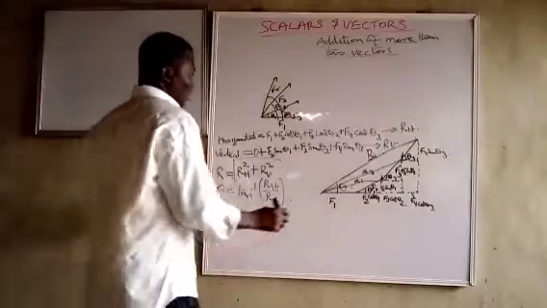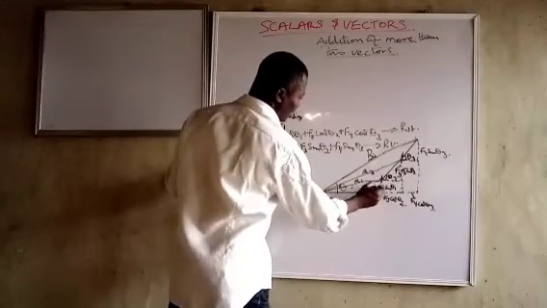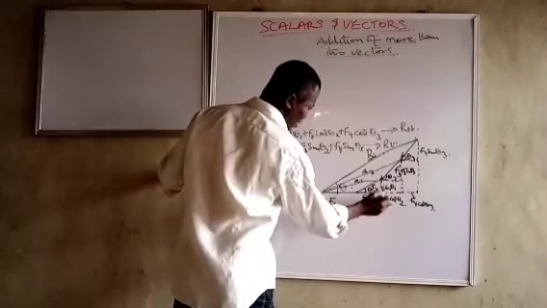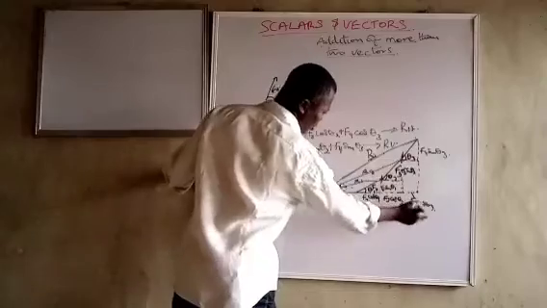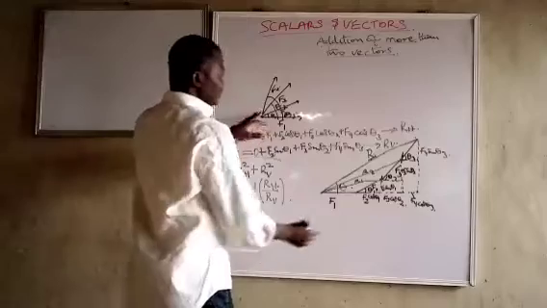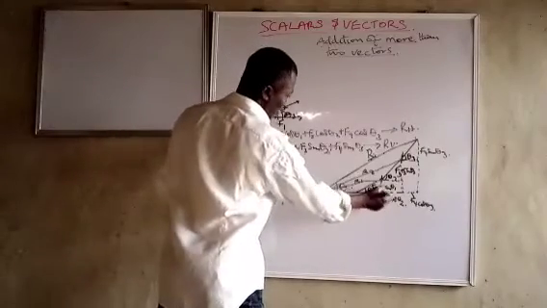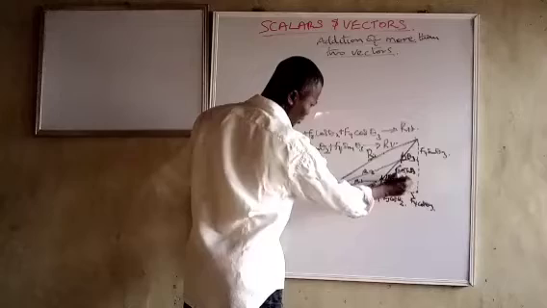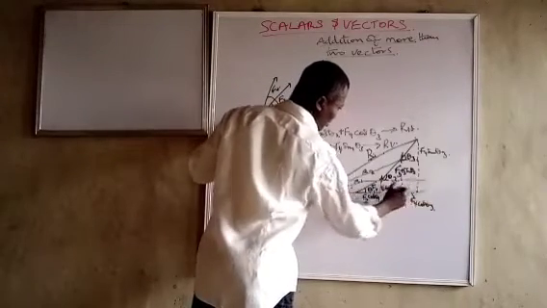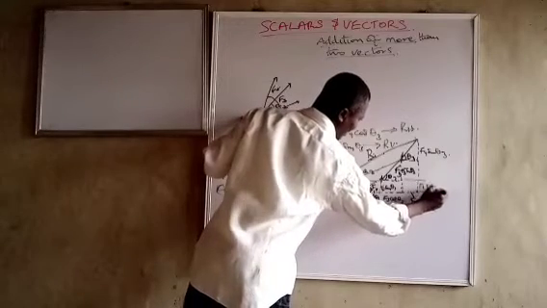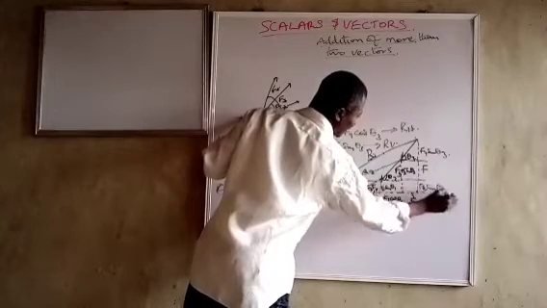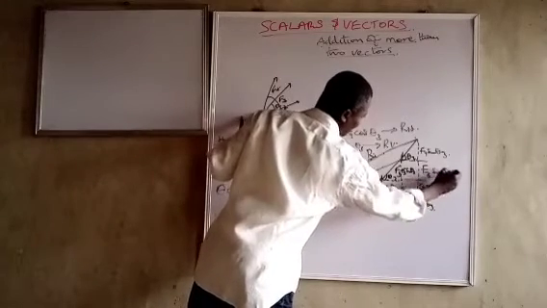Now, the components of this: F1, F2 cos theta 1, F3 cos theta 2, F4 cos theta 3, I look using these angles here. And then, in the vertical direction, F2 sin theta 1, F3 sin theta 2, you can see. From here to here, F2 sin theta 1, F3 sin theta 2.